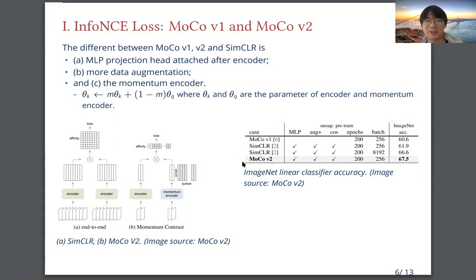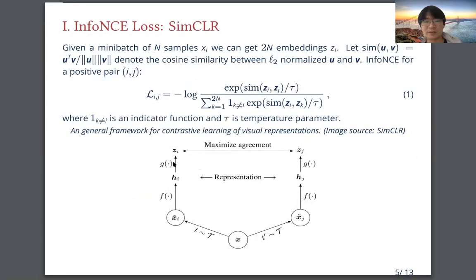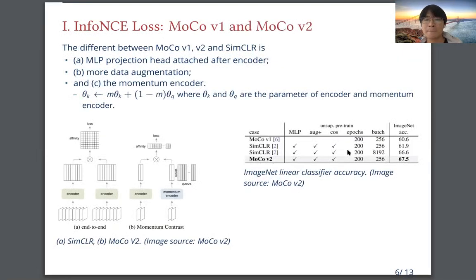And for SimCLR and MoCo version 2, they calculate the InfoNCE loss by using the projector, the embeddings Z_i and Z_j. And the second difference is that SimCLR and MoCo version 2 use more complicated augmentation, and the augmentation in MoCo version 1 is very simple.